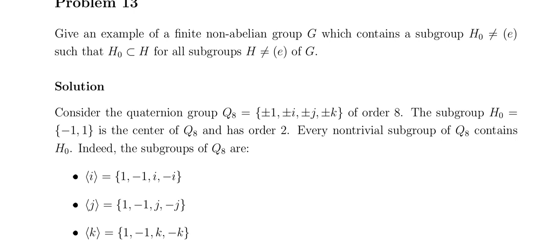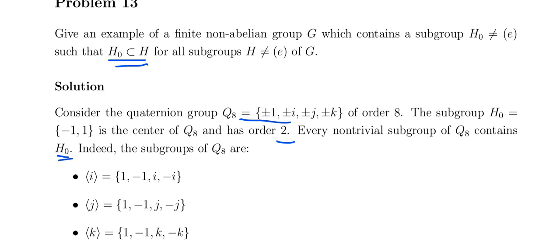Finite non-abelian group. Give an example of a finite non-abelian group G which contains a subgroup H0 not equal to E, such that H0 is a subset of H for every subgroup H not equal to E of G. The example is the quaternion group, Q8, of order 8. H0 is {-1, 1}, the center of the quaternion group, which is of order 2. Every non-trivial subgroup of Q8 contains H0.